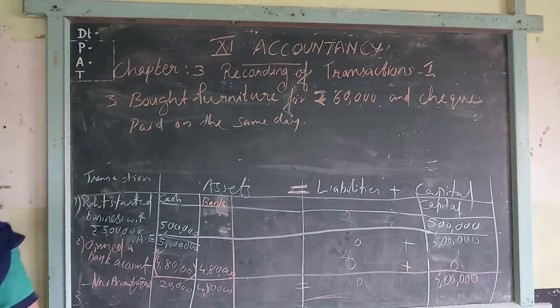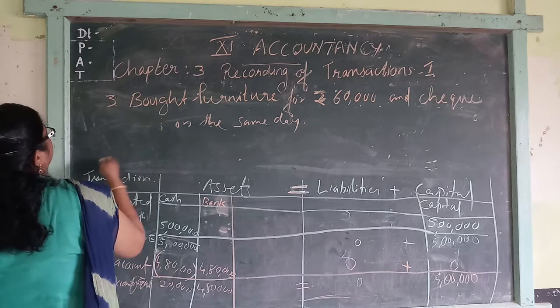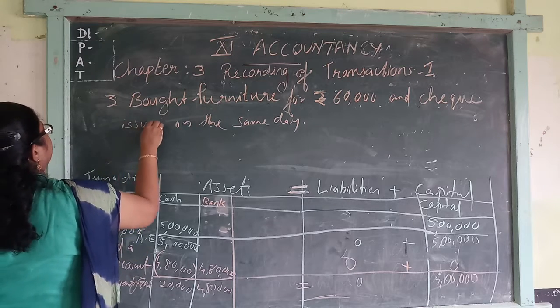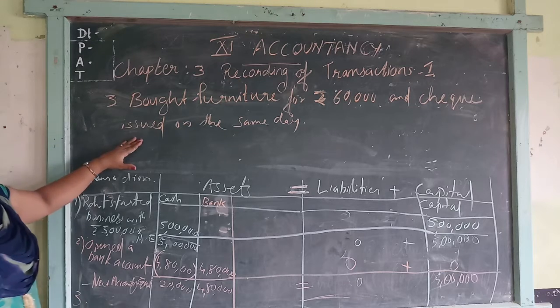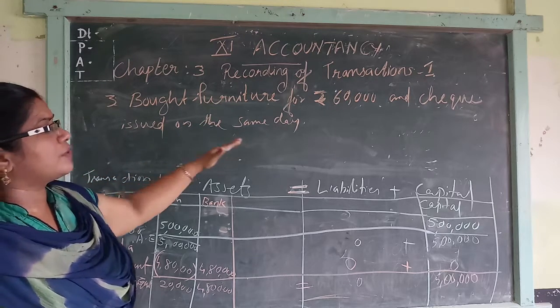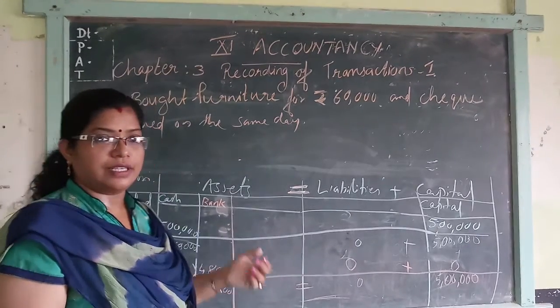So here, check issued on the same day. So both furniture of rupees 60,000 and check issued on the same day. What did you purchase here?